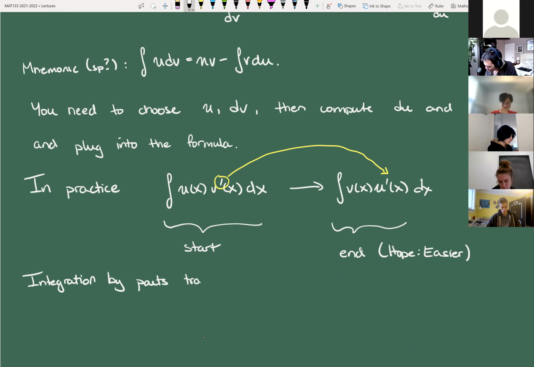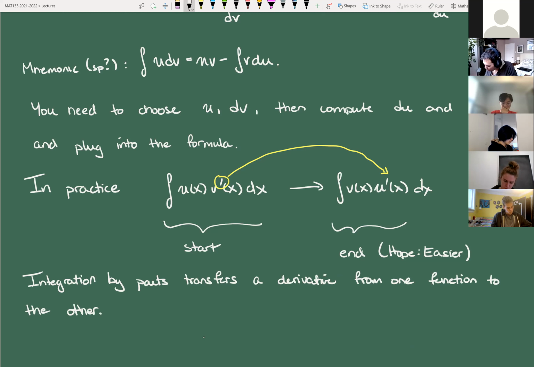What this means is that, depending on what you set u to be and what you set dv to be, you can immediately figure out what the resulting integral is going to be once you apply your integration by parts.